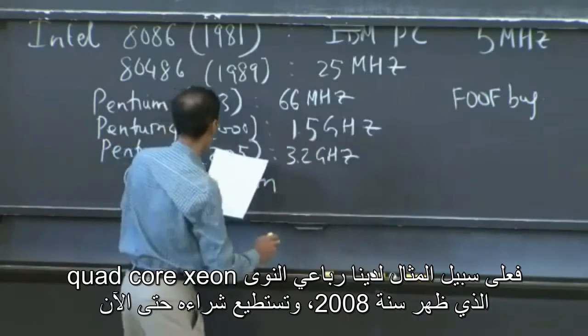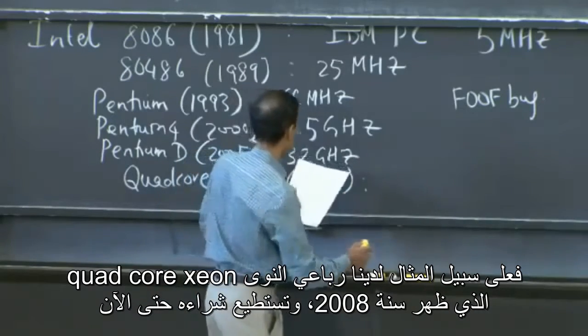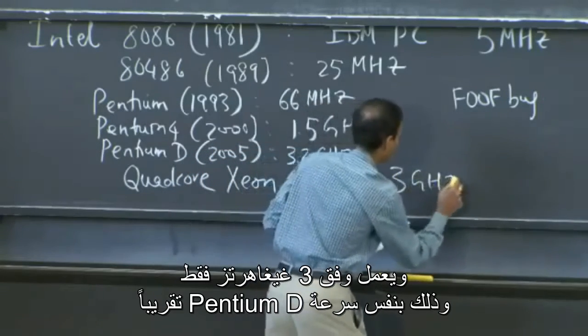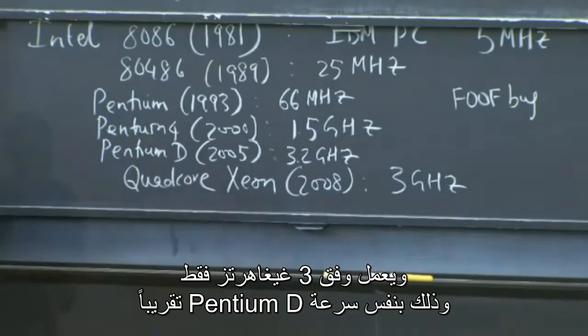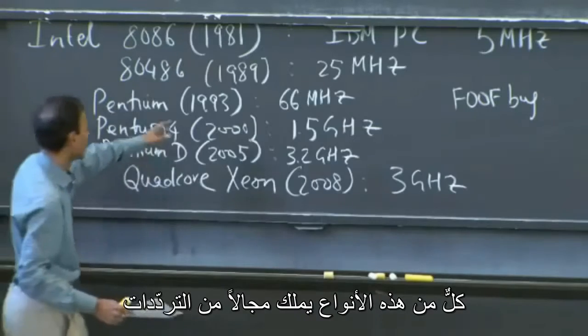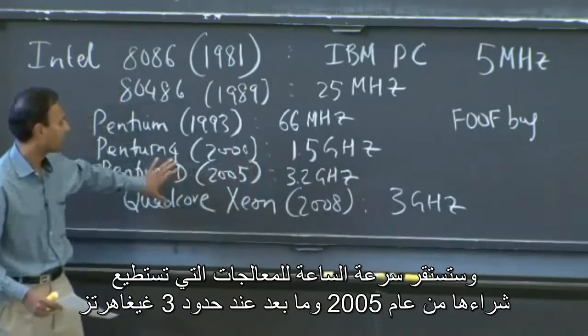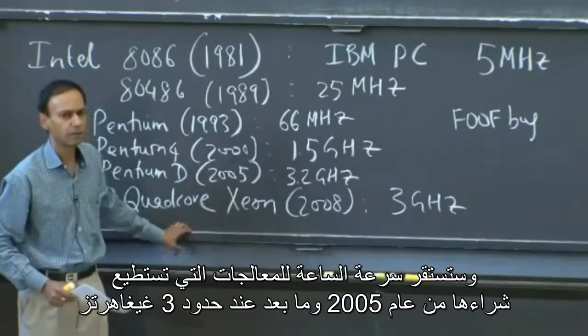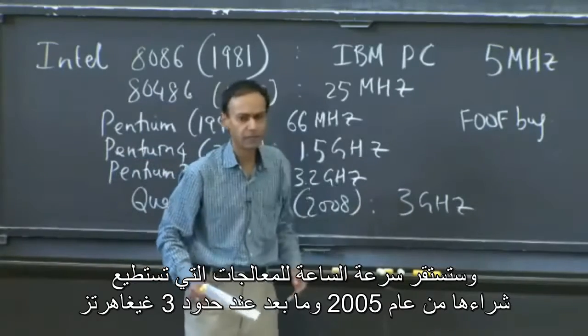So for example, the quad-core Xeon came out in 2008. You can still buy it. It only runs at 3 gigahertz, which is basically about the same as the Pentium D ran. Each of these has a range of frequencies, and beyond about 2005, the clock speed of processors that you can buy is kind of saturated at about 3 gigahertz.